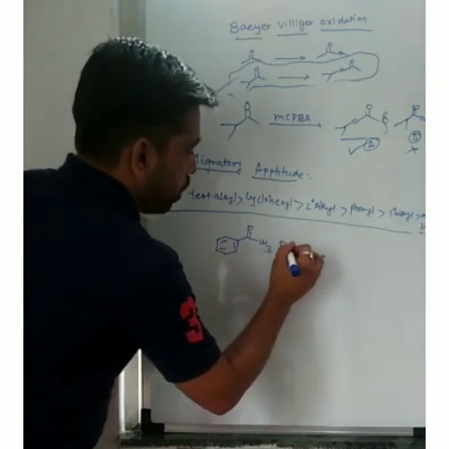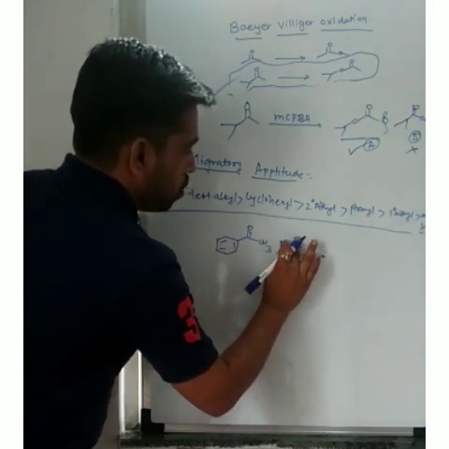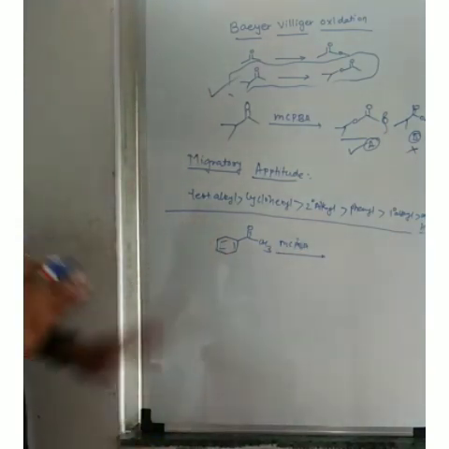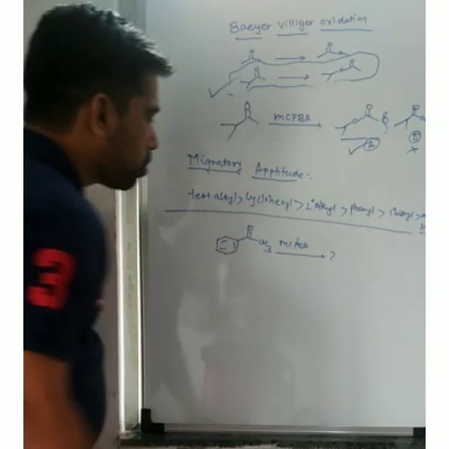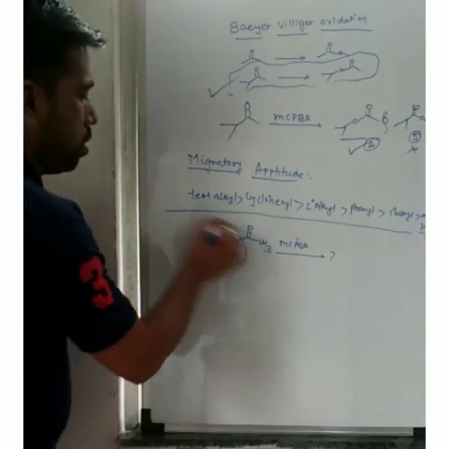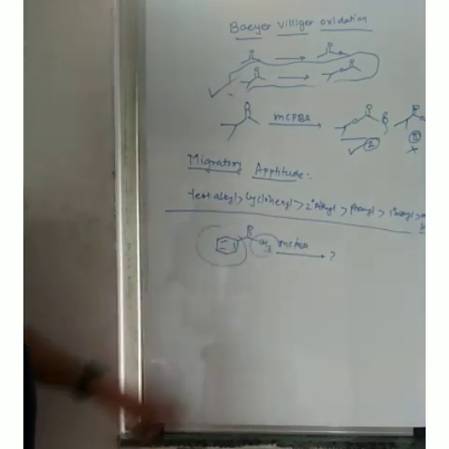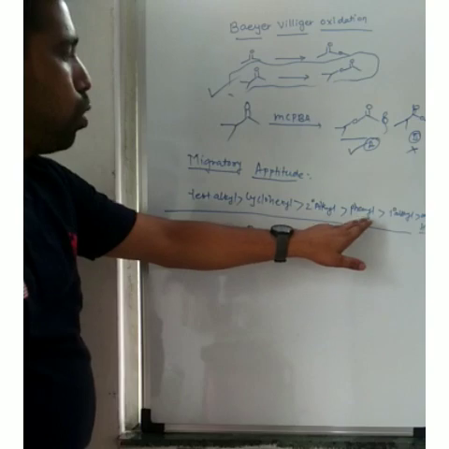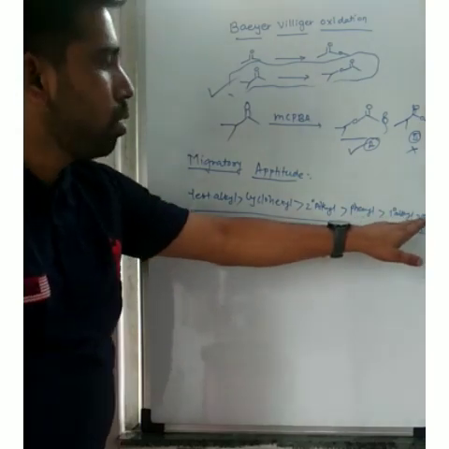On treatment with metachloroperbenzoic acid, let's see this example. In this case, on this side there is a phenyl ring, and this is the methyl group. Now see the migratory aptitude. Phenyl has more migratory aptitude as compared to methyl.